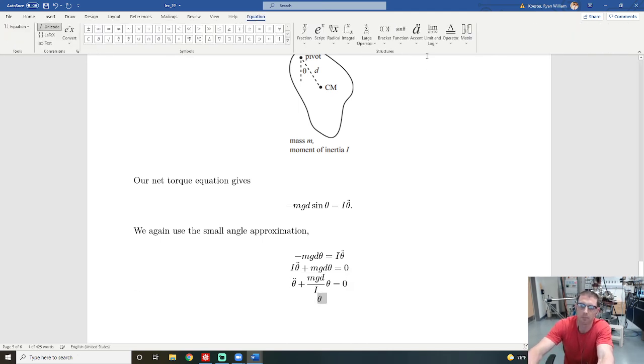Theta double dot plus omega squared theta equals 0. Remember, we're going to define omega to be the square root of mgd over big I. And in this case, omega equals the square root of mgd over big I, like that.